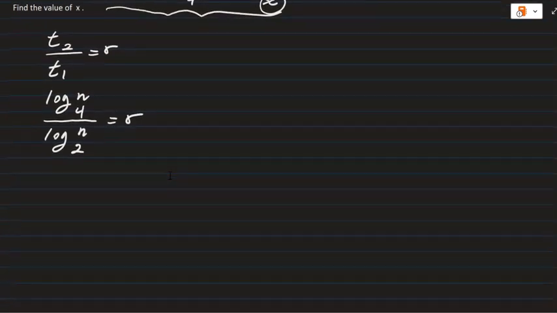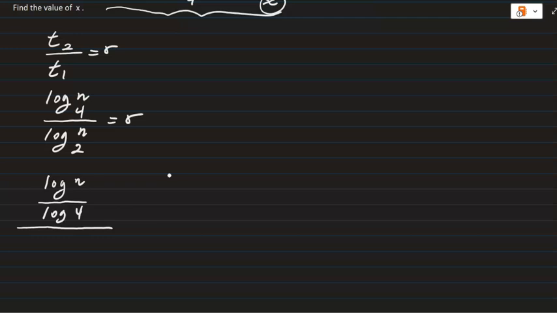So let's do some mathematical gymnastics and simplify that fraction. This is actually log of n divided by log of 4, all of that, and then we're going to rewrite the log of n in the form of log of n divided by log of 2. You can do that to change the base.